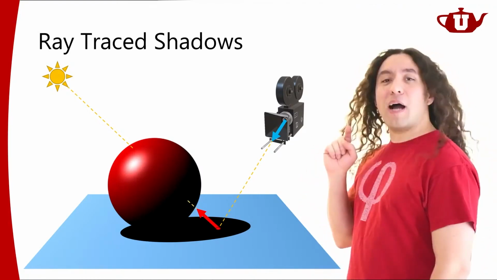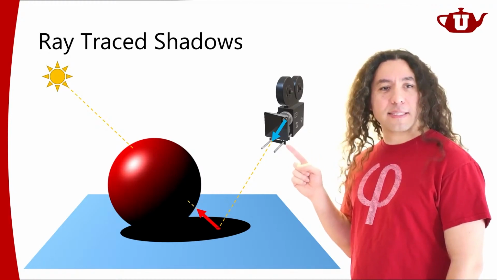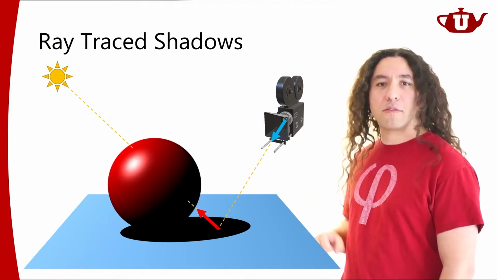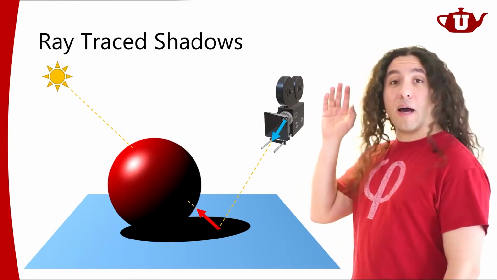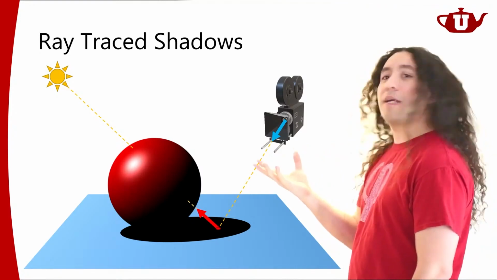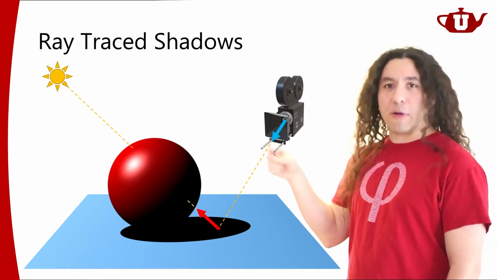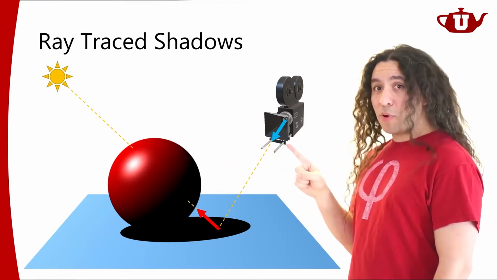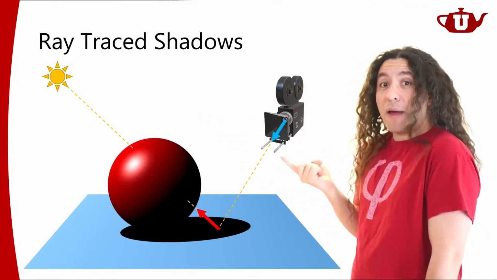All right, so I talked about this in the context of ray tracing. I'm saying we generate a primary ray here, we find a hit point, and then we trace a shadow ray. But ray trace shadows is not specific to rendering using ray tracing at all. You need to have some ray tracing capability so that you can compute the ray trace shadows. But your primary rays don't have to be computed that way.